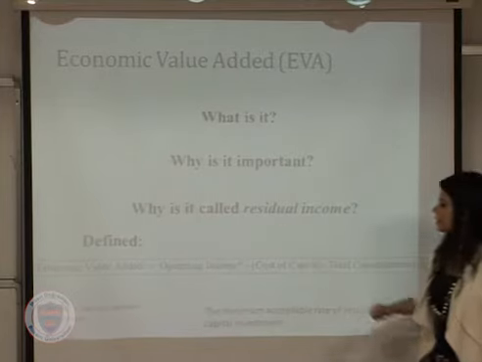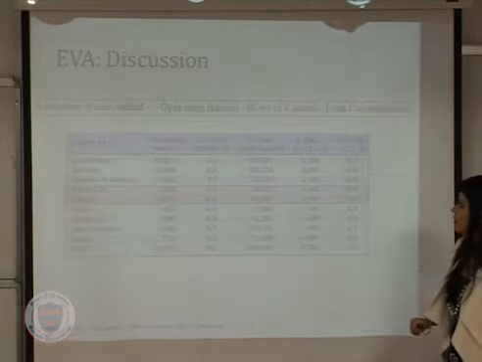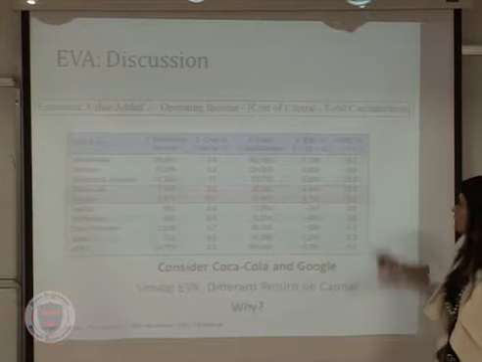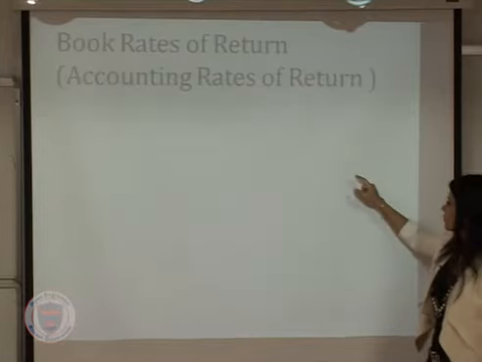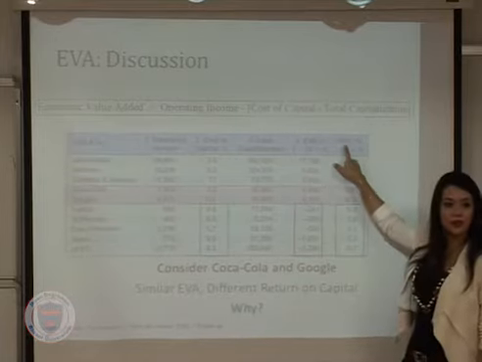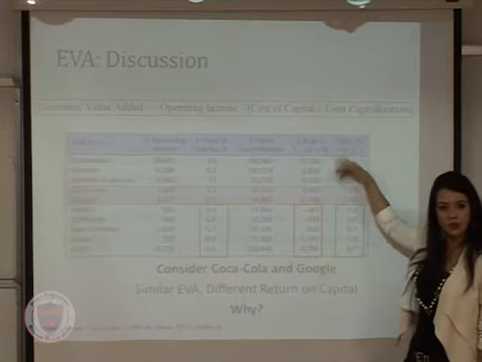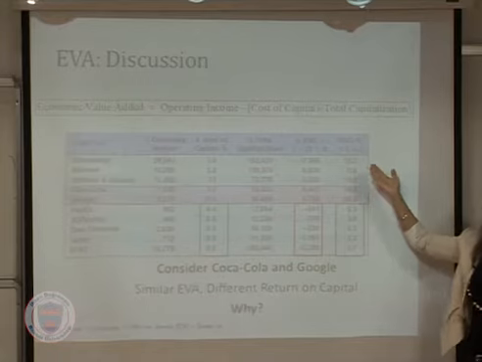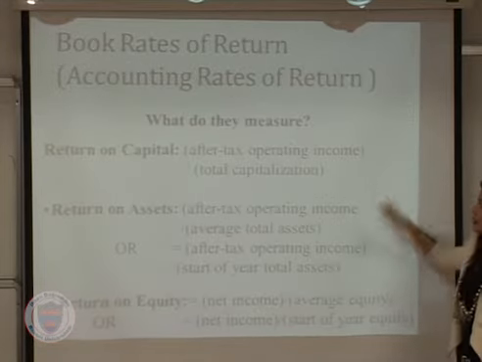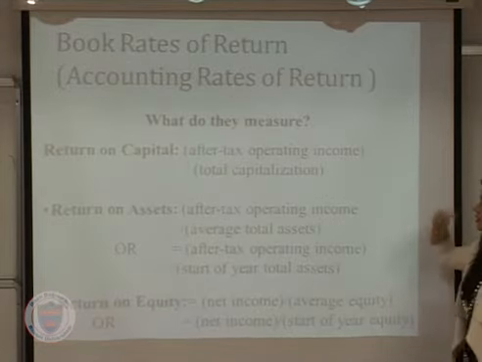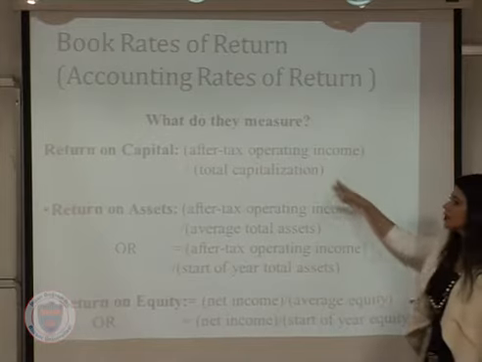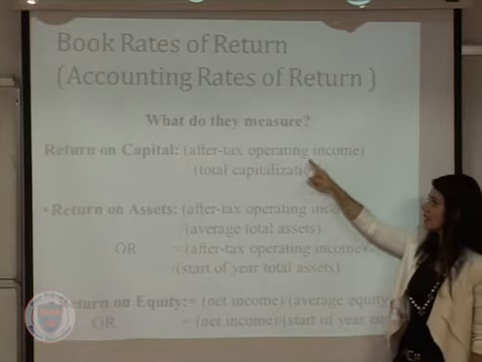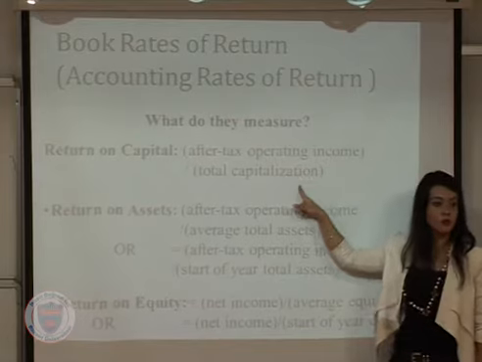So let's look at this. But before that, let me talk about one more thing. Here we have return on capital. Let's quickly go over this as well. You probably remember these from accounting chapters. Then we will talk about other things later. So basically, return on capital is operating income over total capitalization.